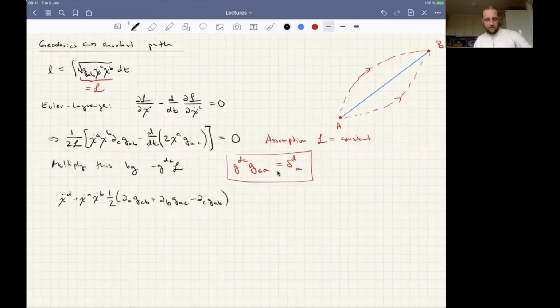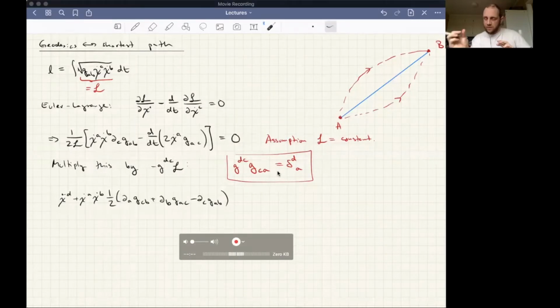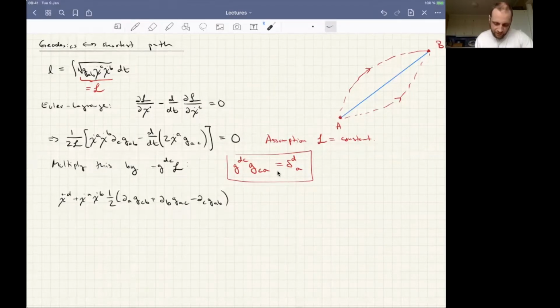Now I have taken this derivative of the metric. I split it in two because the metric is symmetric, so I can do that, and that has become those two terms. But if you do this, this is what you will get, and this should be 0.